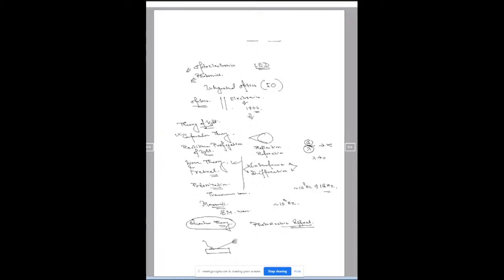So I'll assume that you know what a semiconductor is. If you characterize these materials from the electrical point of view, there are many ways of characterizing them, but primarily we can divide them into 3 categories. One we call the conductor.